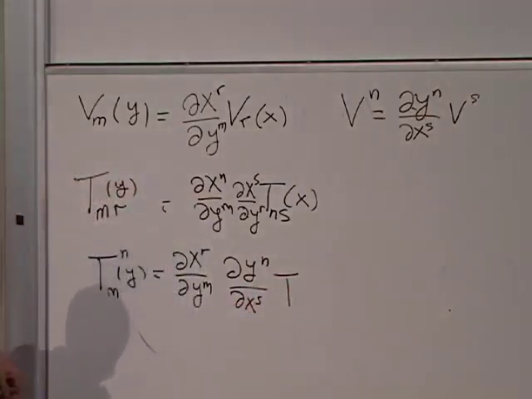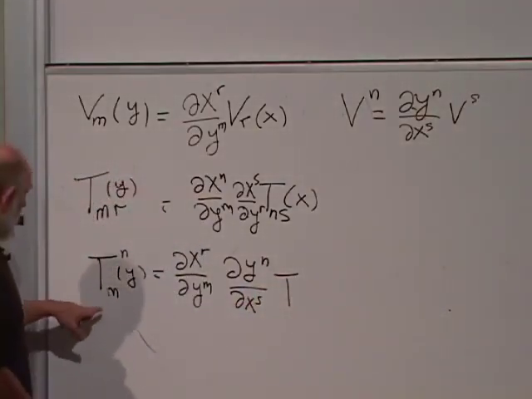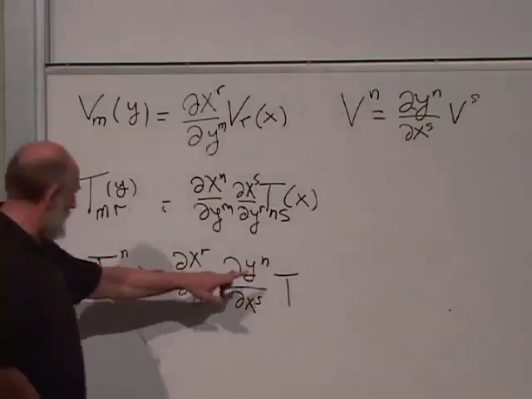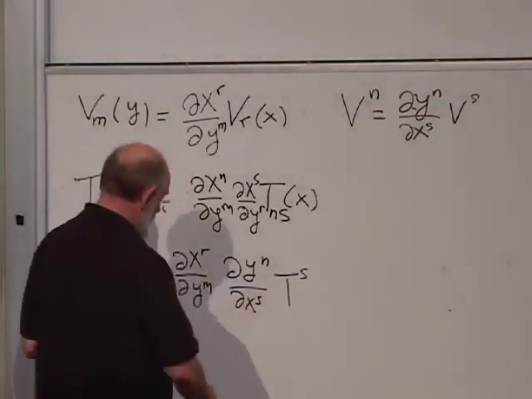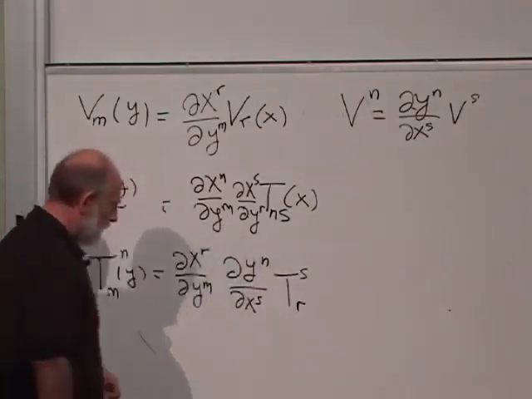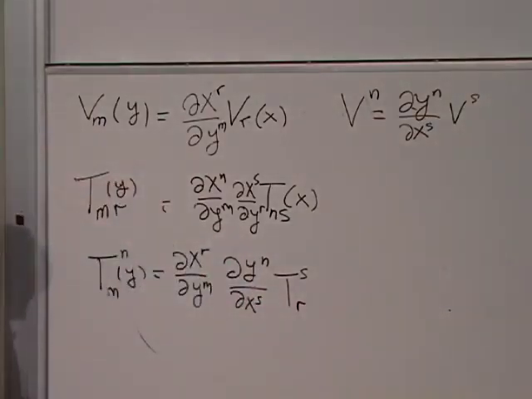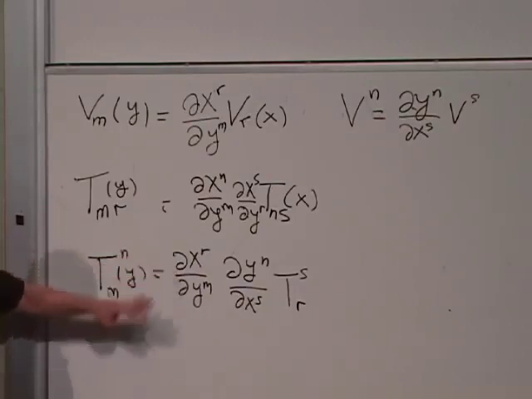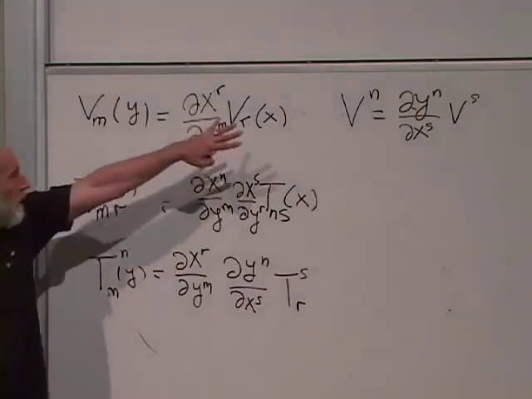Now let's see, what is it? T. The upper index is s, and the lower index is r. All right, so that's the transformation property of a thing with an upper and lower index.